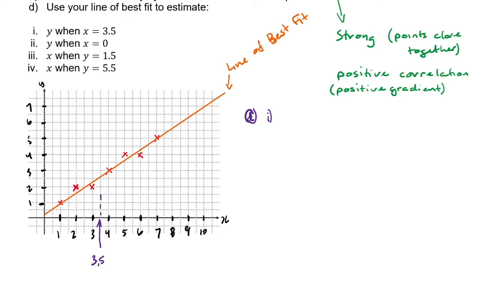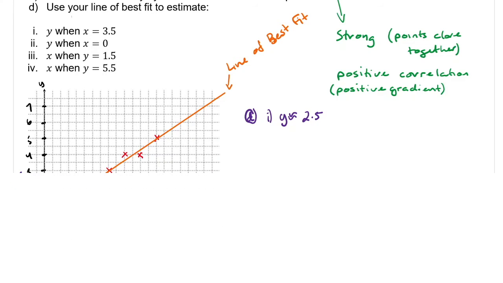And we're going to follow that up till we hit the line. We've just hit the line there, so then we go across, and I'm getting approximately 2.5. So we use our approximately equal to symbol, because it's not going to be exact off this. And I'm going to pop in 2.5.